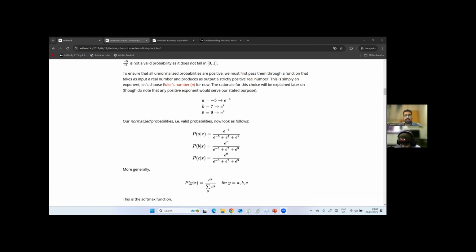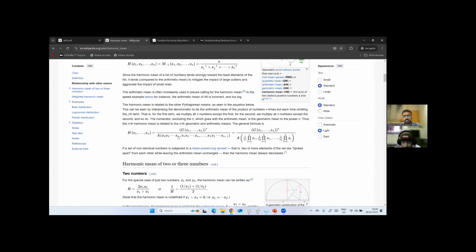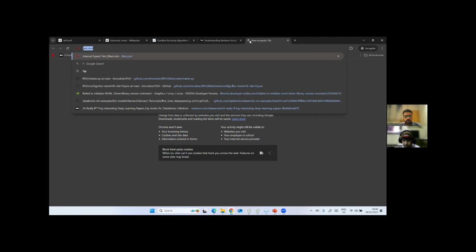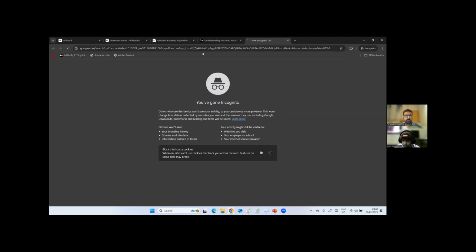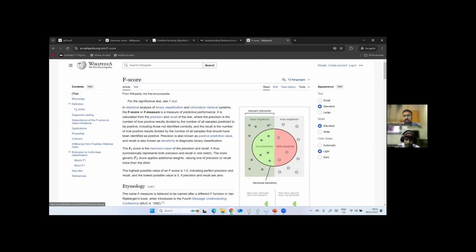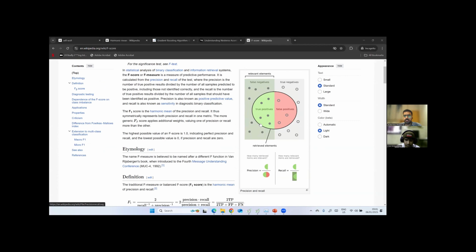And then this one is about harmonic mean, if you aren't familiar with it, which reminds me, I also wanted to show you something else about F1 score. Particularly this diagram, I really like this diagram whenever I'm explaining precision and recall.